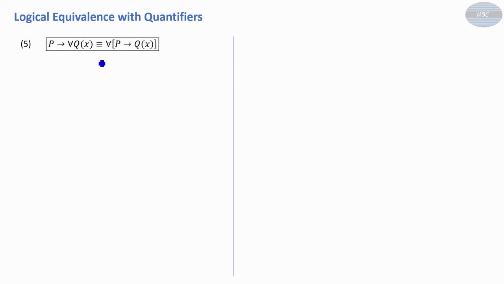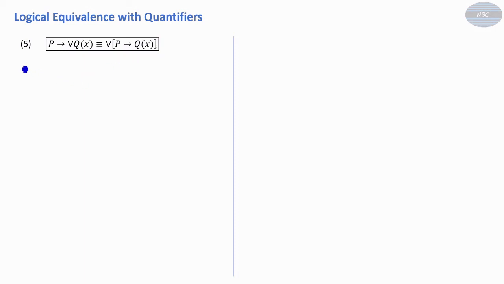In the same manner we'll prove this one. Here we have P, a proposition having no variable, but Q is a predicate function having bound variable x. Similarly in the right hand side as well, P is a proposition having no bound variable, whereas Q is a predicate function having this bound variable x.